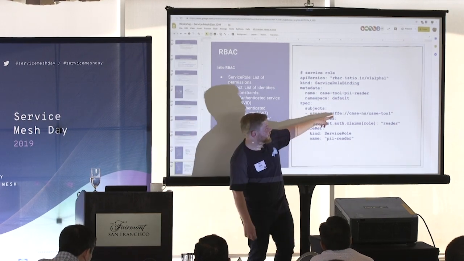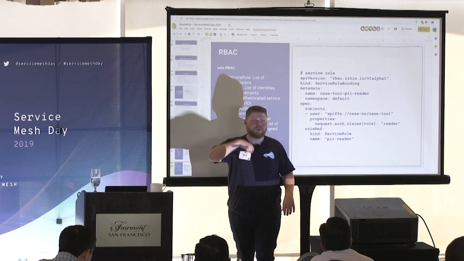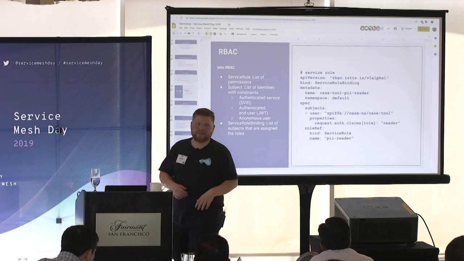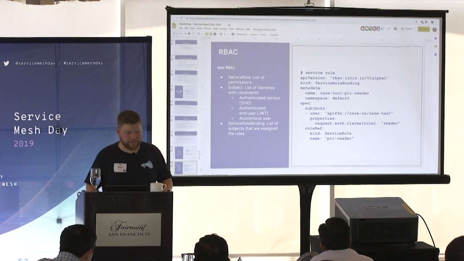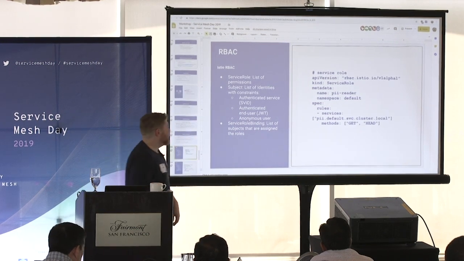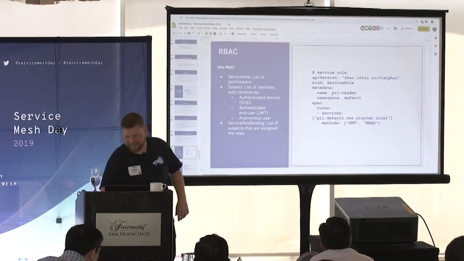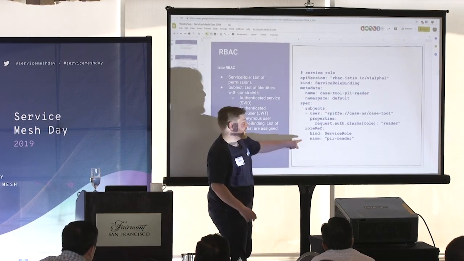So that says if you're from the case tool and you have the right JWT, if you have the right ephemeral credential, then you can have read access to that PII service, right? And note here, this name, PII reader, is exactly that name that we use here.